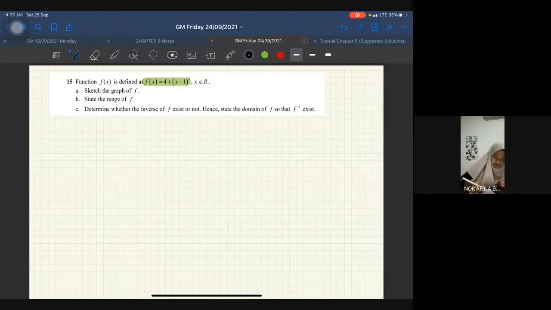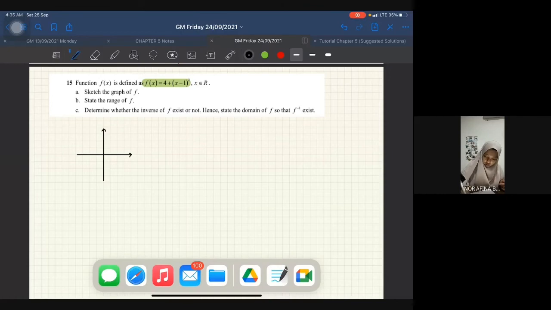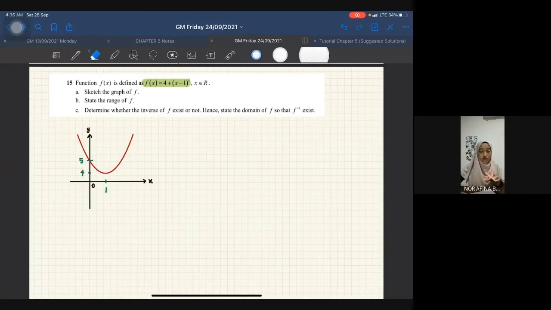Okay, so graph dia akan jadi macam ni. So I think basically this is how our graph will look like. Okay, so nanti awak akan buatlah satu-satu the steps by steps.